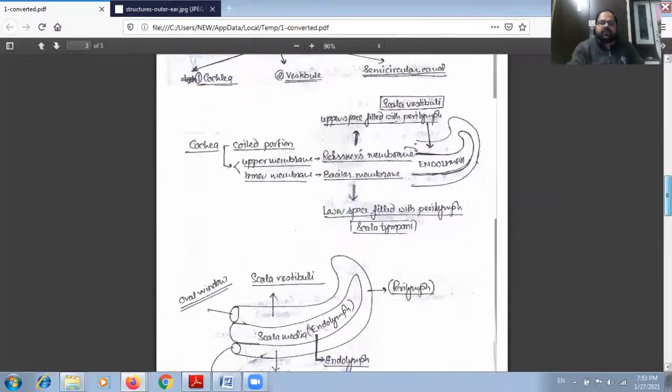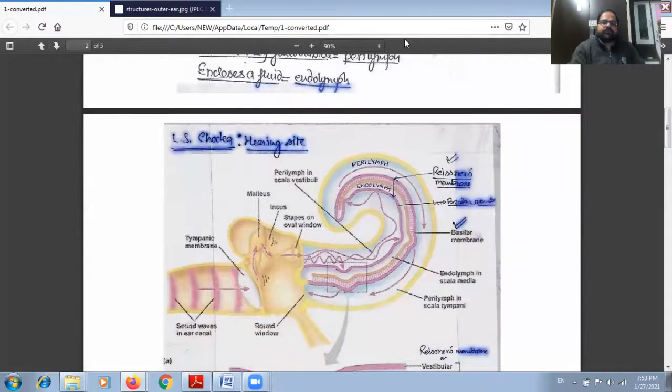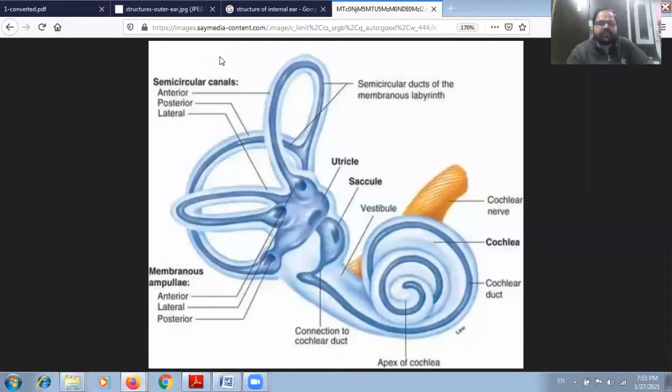Now we can see the structure of the internal ear. By this structure, we can understand the whole structure of the internal ear. As I said, there are three semicircular canals.